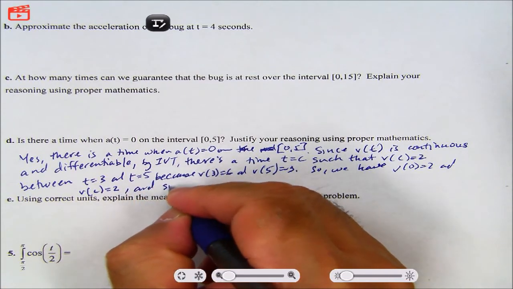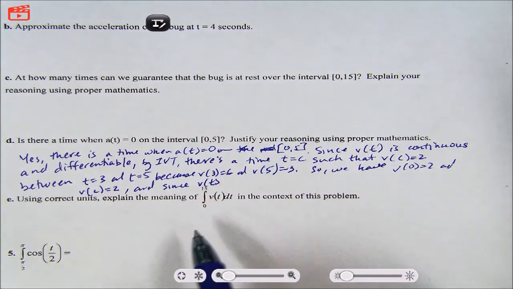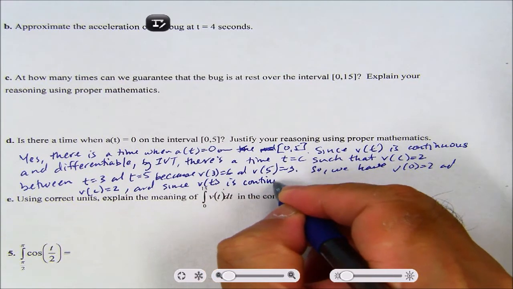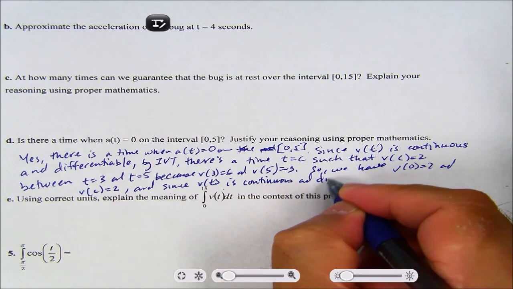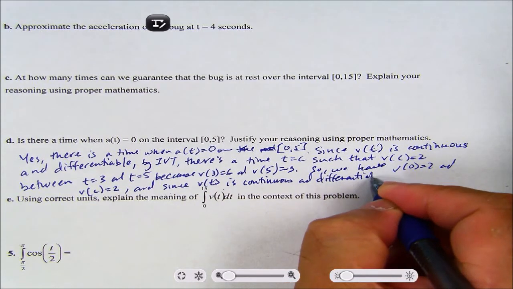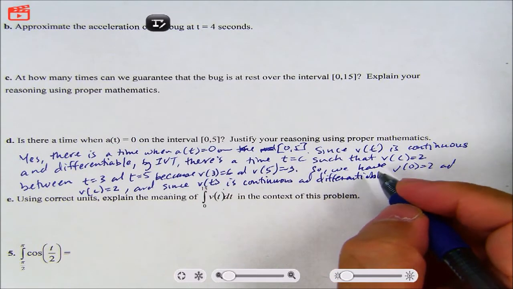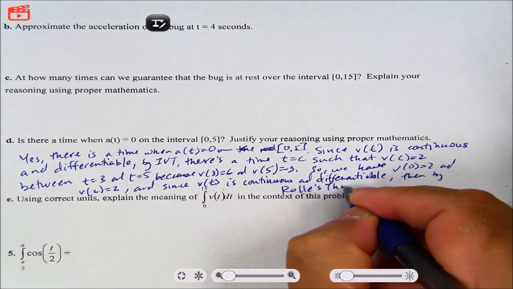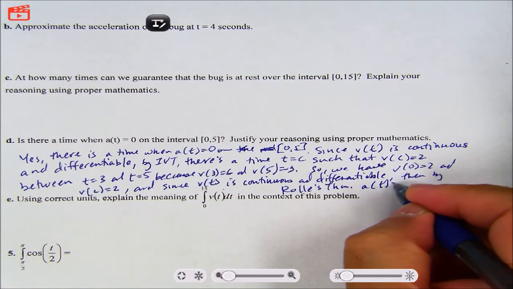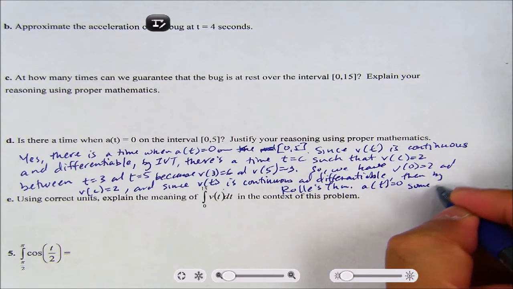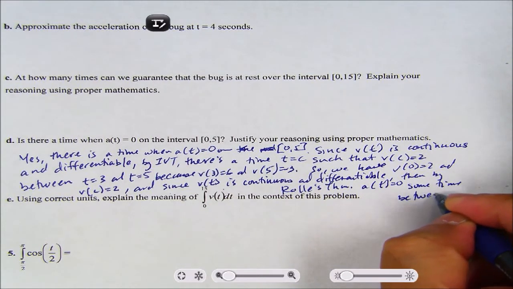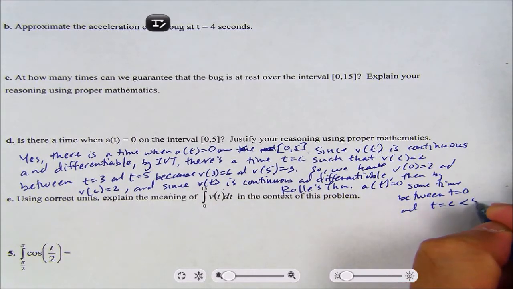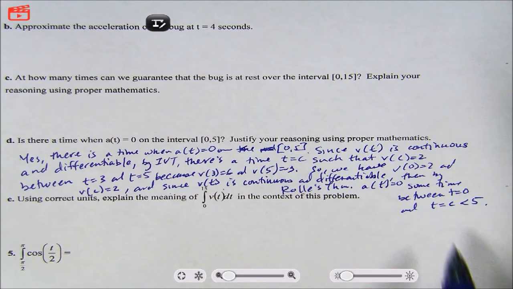And since v is continuous and differentiable, then by Rolle's theorem, a of t equals 0 sometime between t equals 0 and t equals c, which is less than 5. I probably don't need to say it again, but I'm saying it again for emphasis.